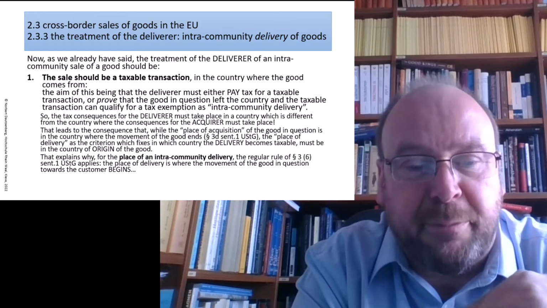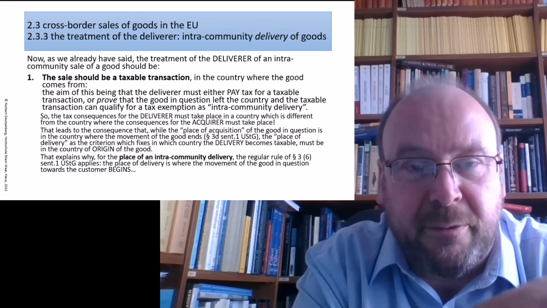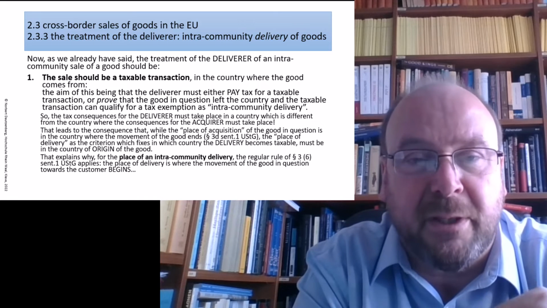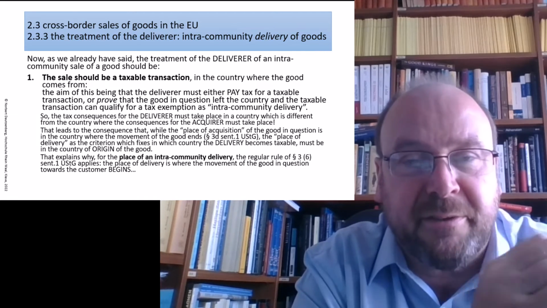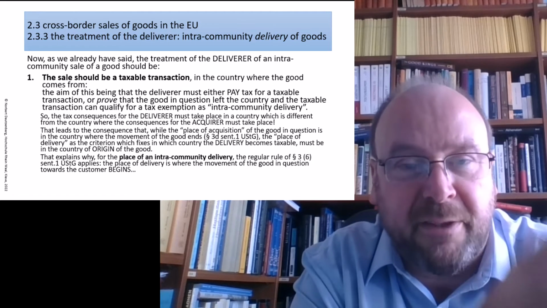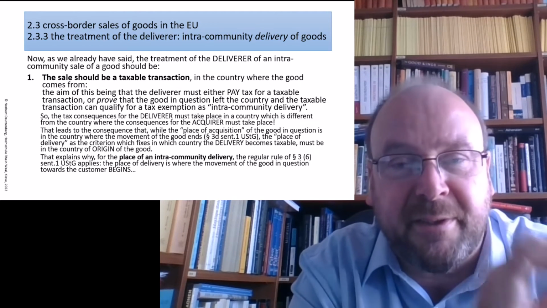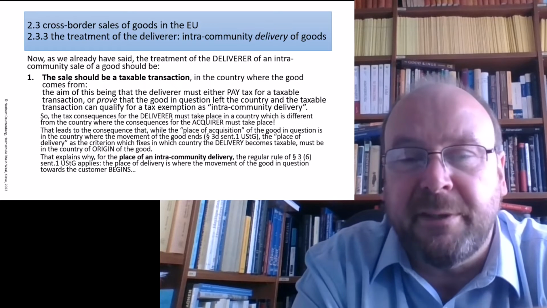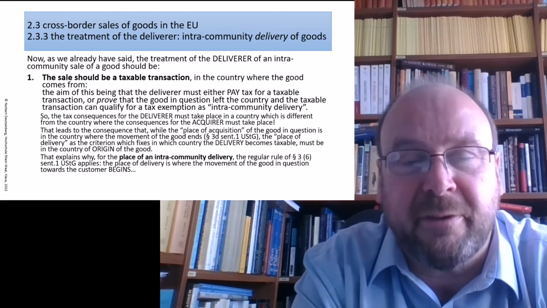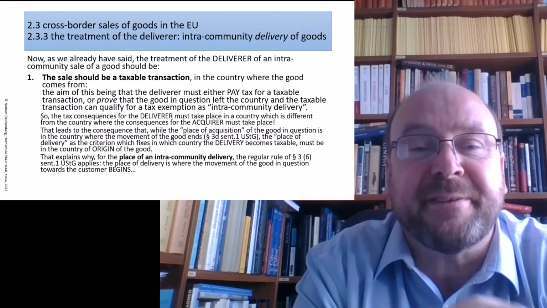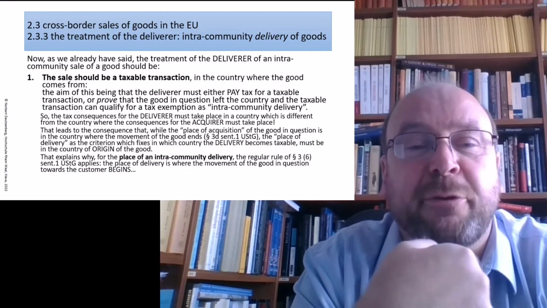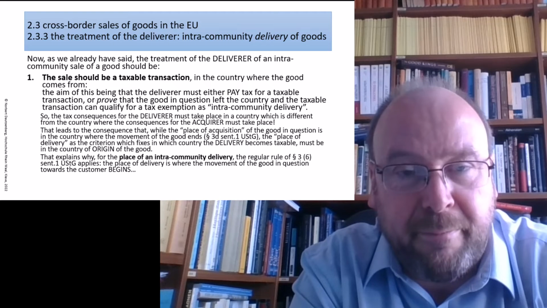That can be achieved by the absolute basic rule 3.6, sentence 1. The place of delivery of a good is always in the country where the transport or other movement towards the customer began. That is always the country of origin. That's always that country where the good was last seen. So where the fiscal administration will have questions to the entrepreneur.